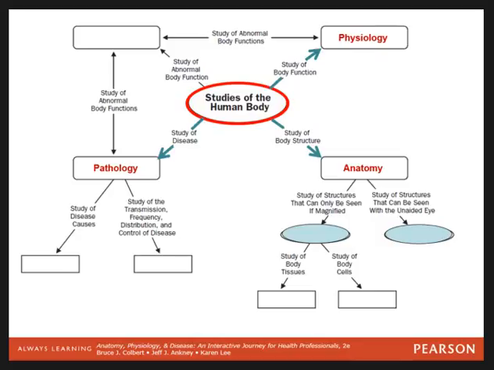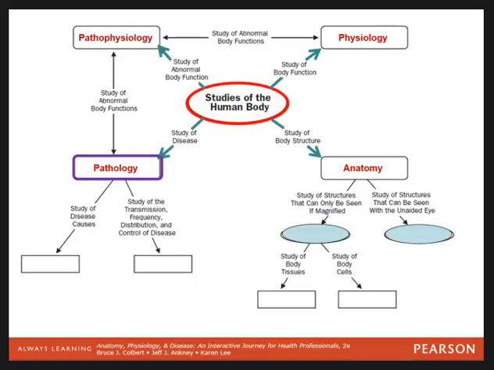Now, if we take into consideration the study of the body function when it's functioning normally, physiology, and the study of disease, pathology, if we want to talk about the study of the abnormal body function, that would be pathophysiology. All right, let's talk again about some pathology.